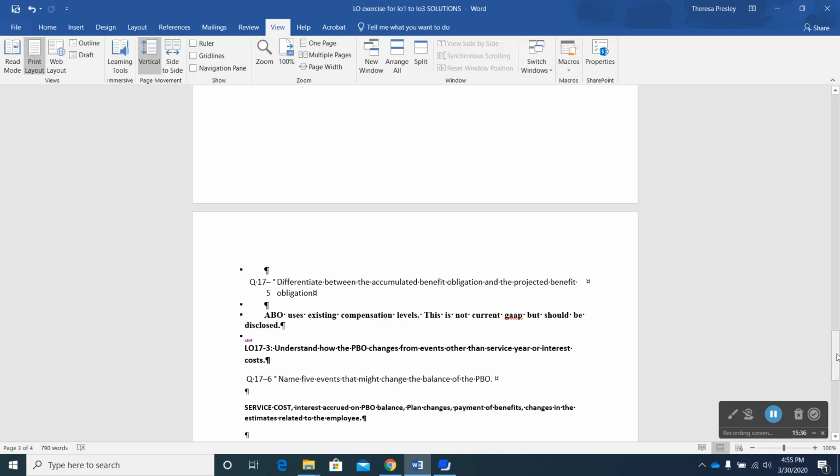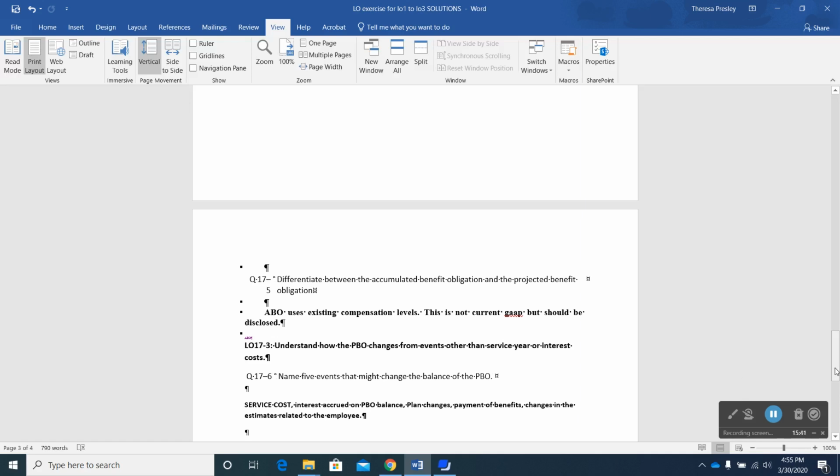How does a PBO change other than for a service year or interest costs? You know, the first two, of course, are service cost and interest accrued on PBO balance, and we're told to exclude those two that I've listed here. But any change in the plan, and you could come up with so many different changes in the plan. Change interest rate. Change the number of employees that are eligible for benefits. Those would be plan changes or retroactive adjustments to plans, okay?